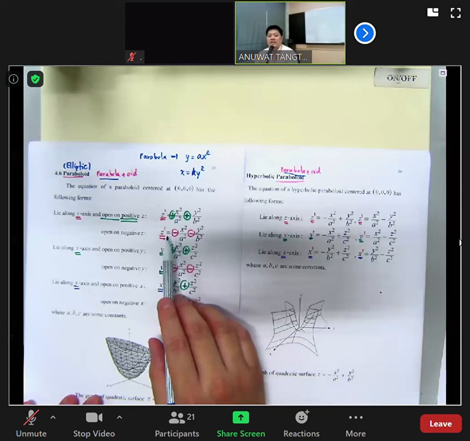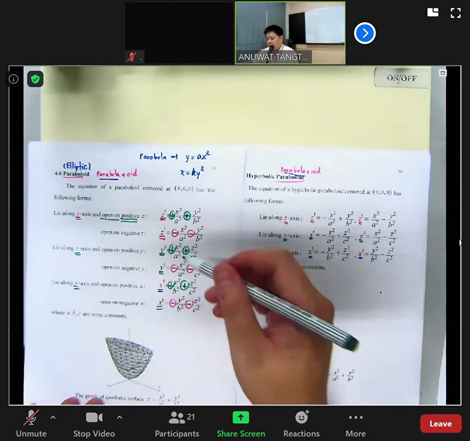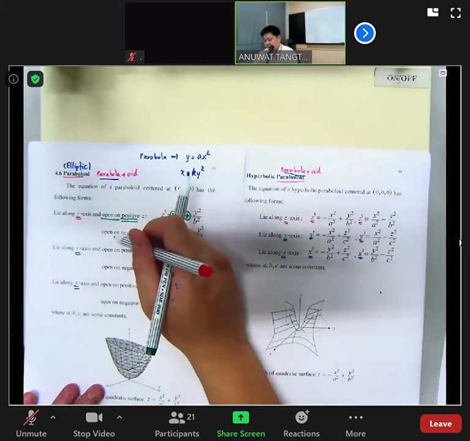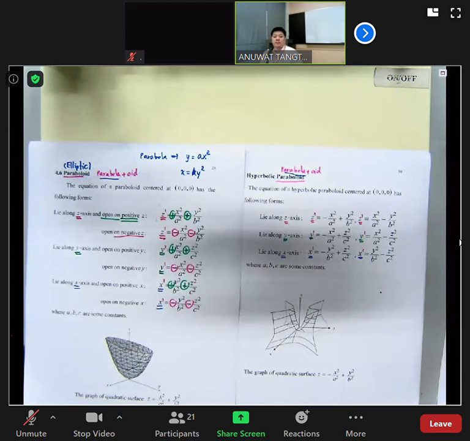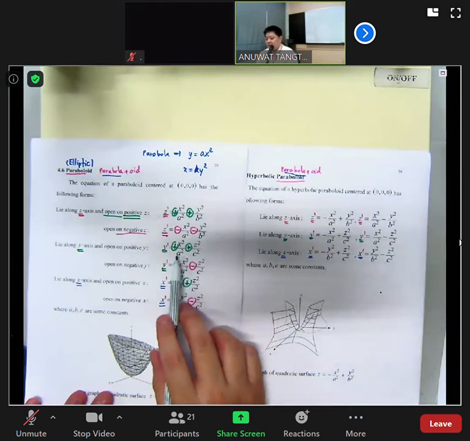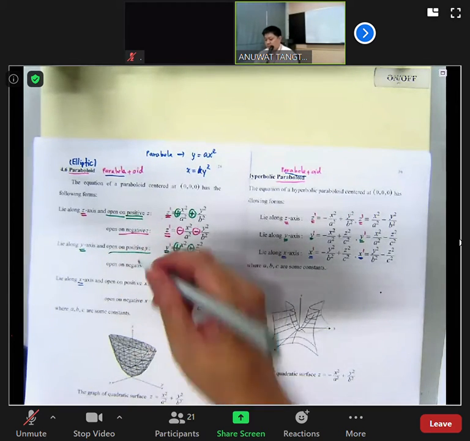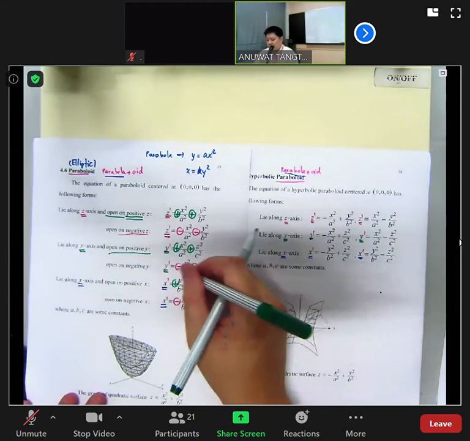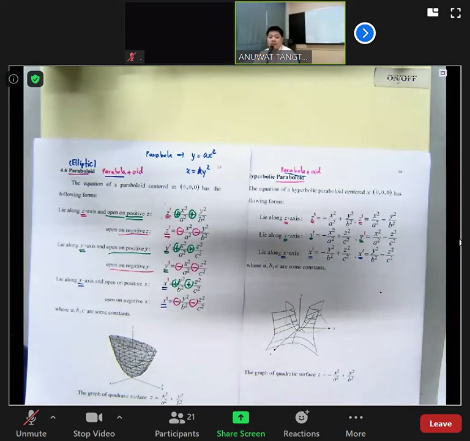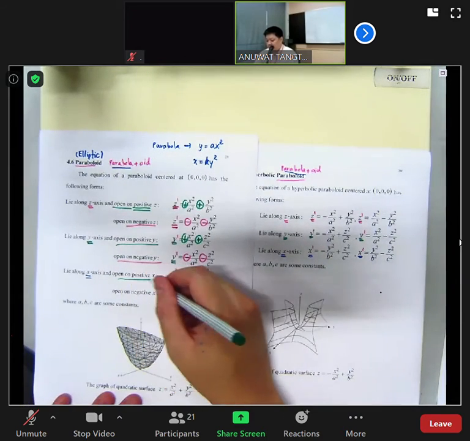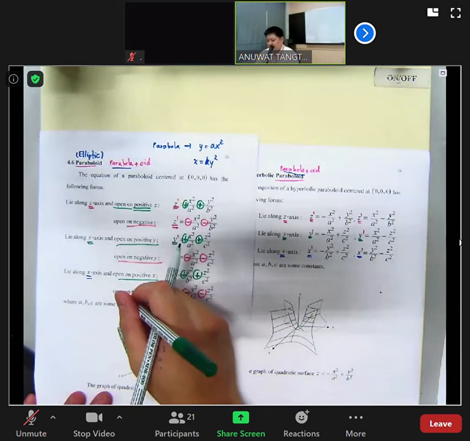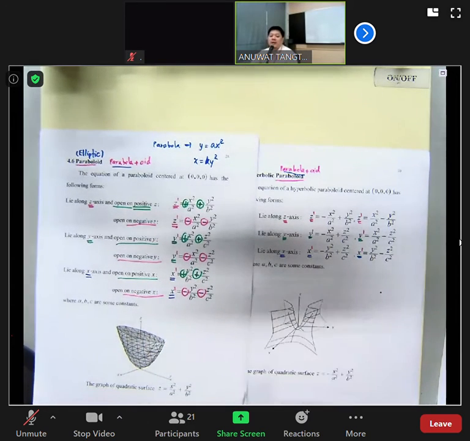It would make z negative, so it would open on negative z. Okay, similarly, this is open on positive y. This is open on negative y. This is open on positive x, and this is open on negative x. I will explain later what this means.